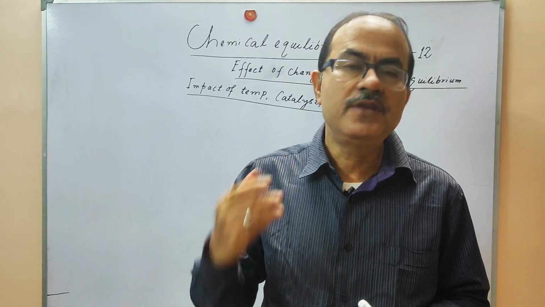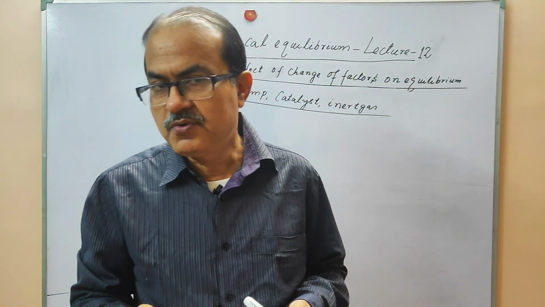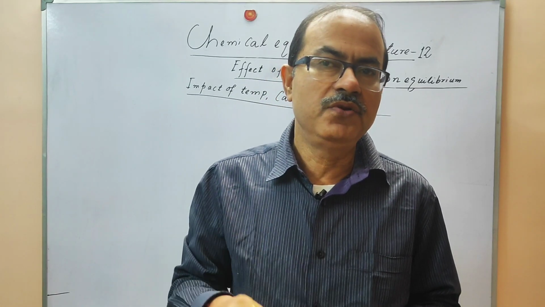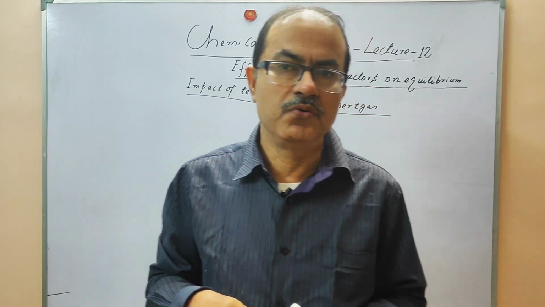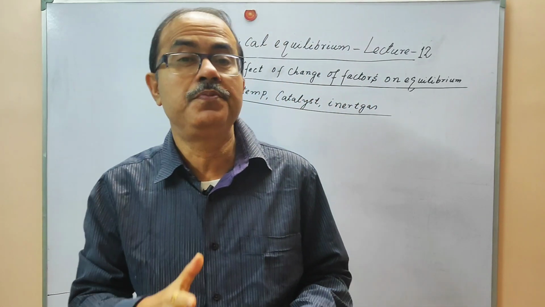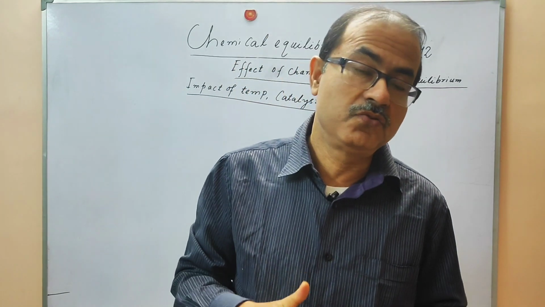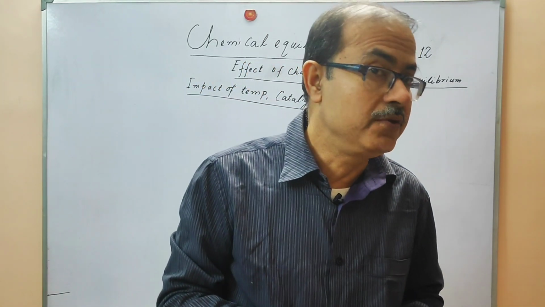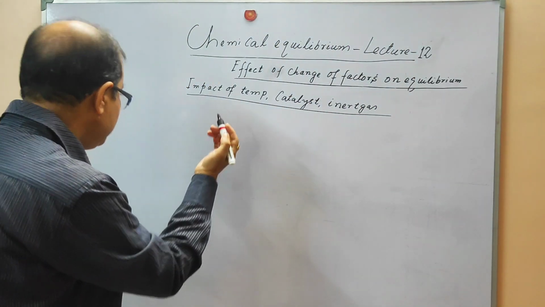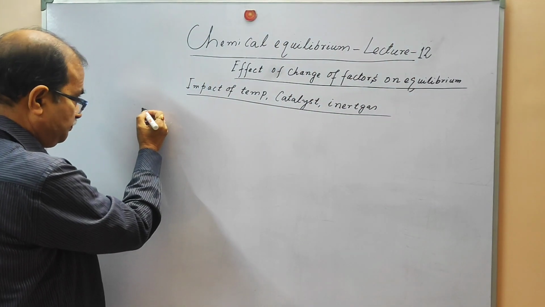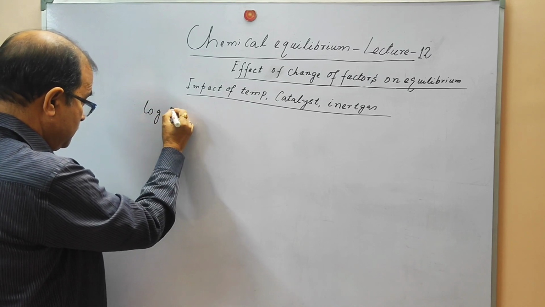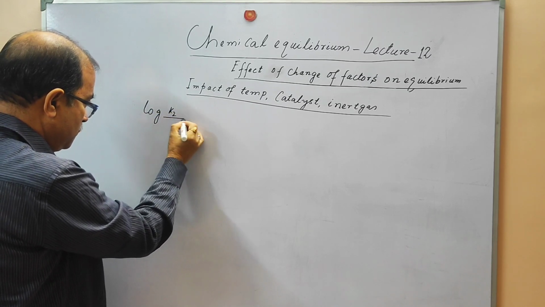This means if we change the temperature, the equilibrium constant will be affected, and we can predict how the temperature influences the equilibrium constant from the Van 't Hoff equation. This is the basic form of the Van 't Hoff equation.